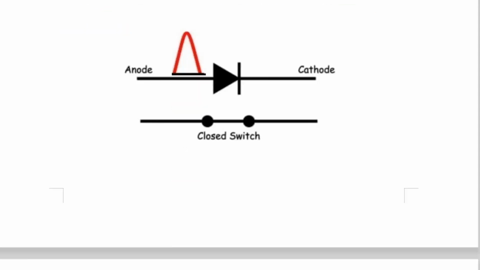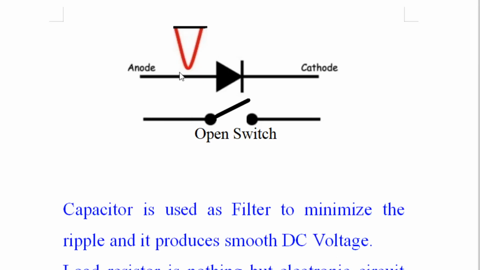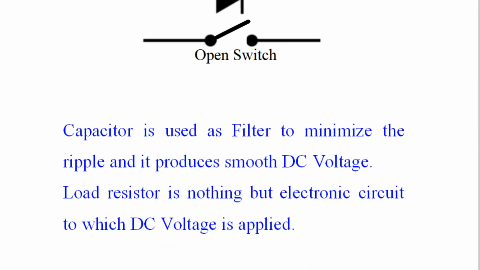And the same diode, when a negative half cycle is at the anode, below 0 in minus, then the diode behaves as an open switch. This is the beauty of a diode, that it does not allow the current to flow in the reverse direction, and therefore it is called an active component, and it plays a very important role in the rectifier circuit.